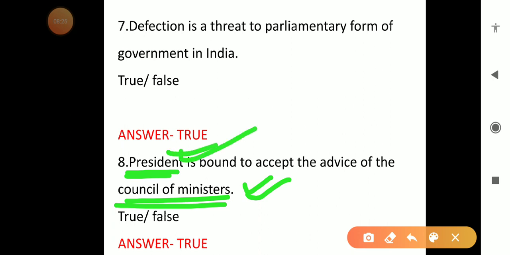The president can advise the council of ministers to reconsider, and if the council reconsiders it, the president has to give his assent to that. So there is no question of doubt in that. The statement is right, so it is true.